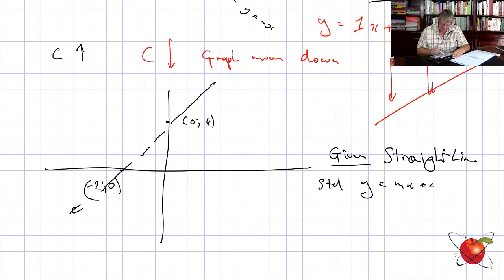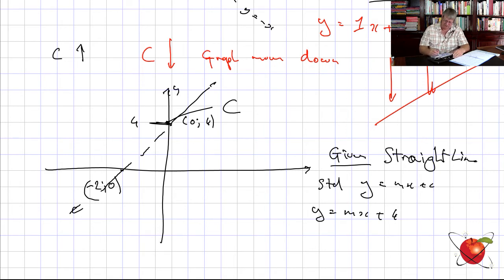Then you look and see, hang on, in this case, they've told us that is point C. So I can then say y is going to be equal to mx + 4, because I know it goes through the y-axis at 4. Now we know it's y = mx + 4.